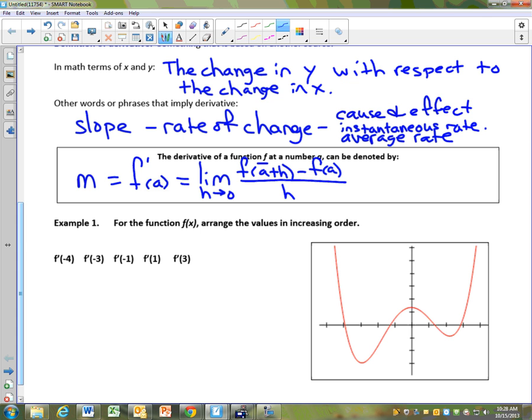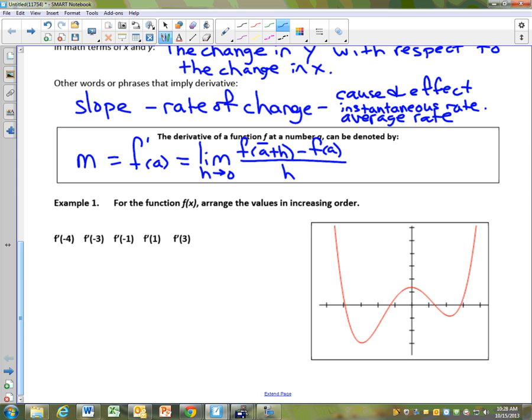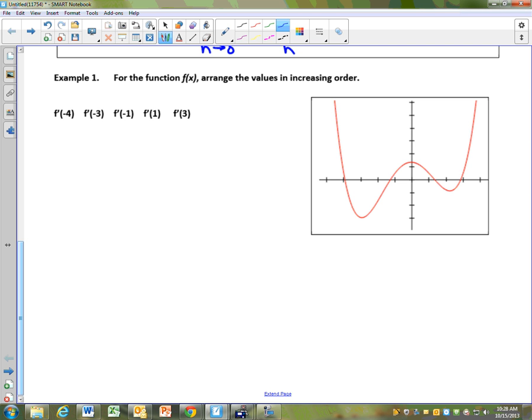What does h represent? h represents the distance between those two points. So you've got the distance between the 2 points on the secant line. We're going to move those to 0 to make it the tangent line. This is your slope formula.